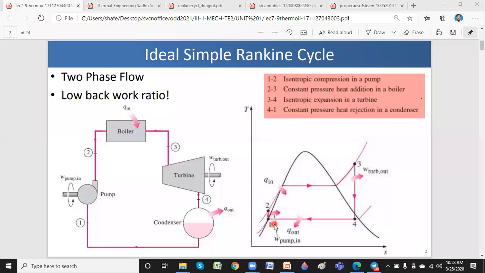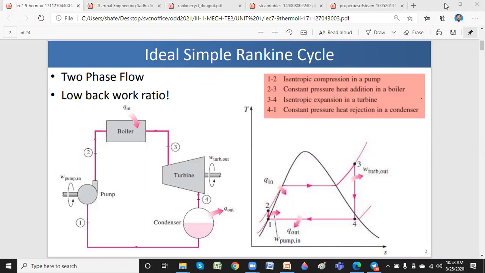So V2 minus V1 into P2 minus P1 gives you the amount of enthalpy at 2. If I know 2, 1, 3 and 4, I substitute all the values to get the efficiency of the Rankine cycle.